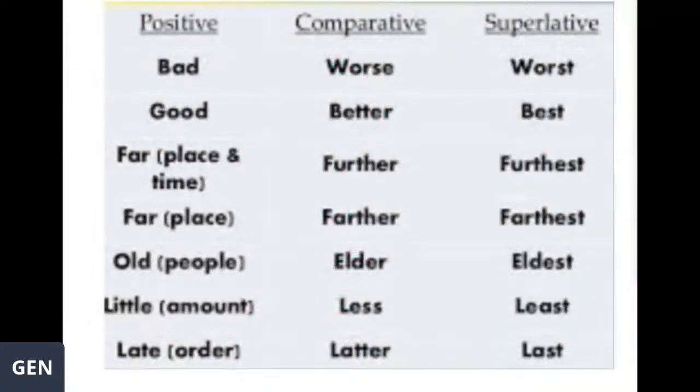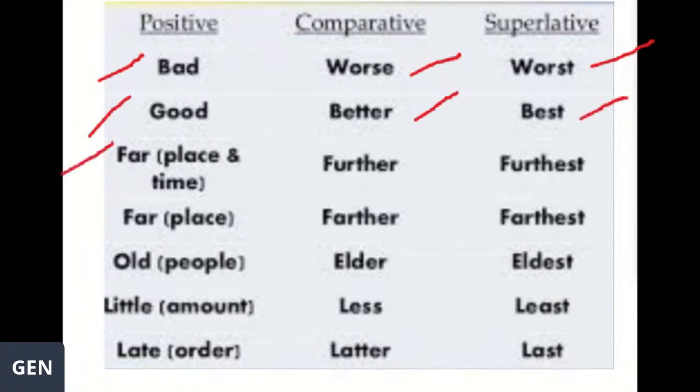Let's have the common irregular adjectives. Let's have bad. The comparative of that is worse. The superlative for that is worst. Next, good. The comparative for that is better, and the superlative for that is best.